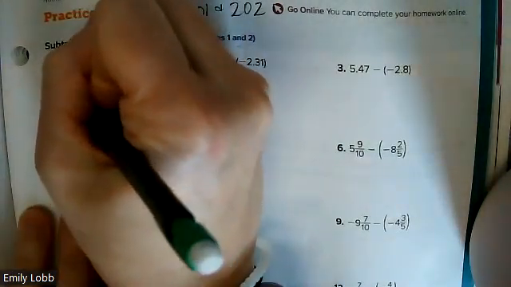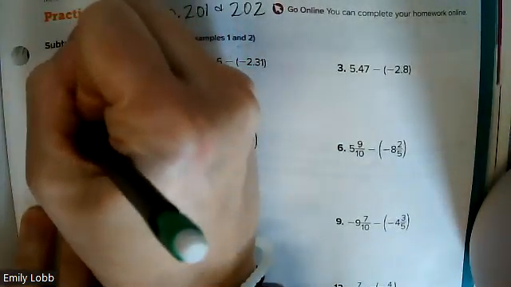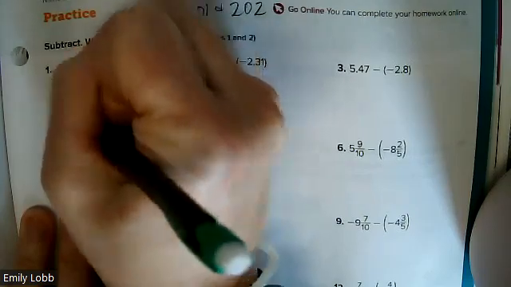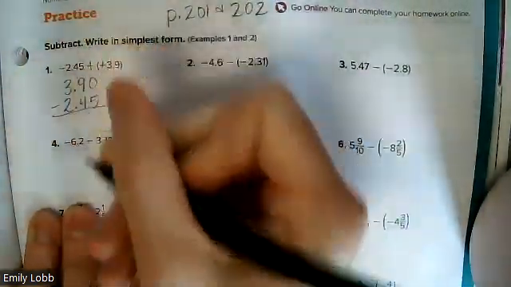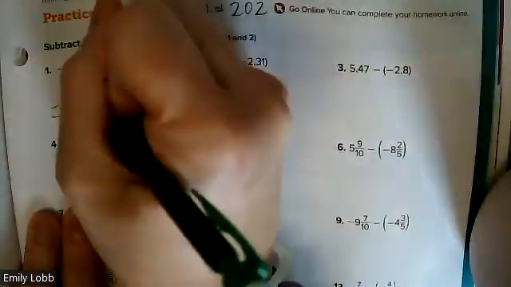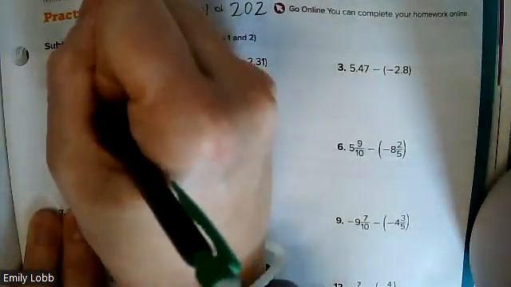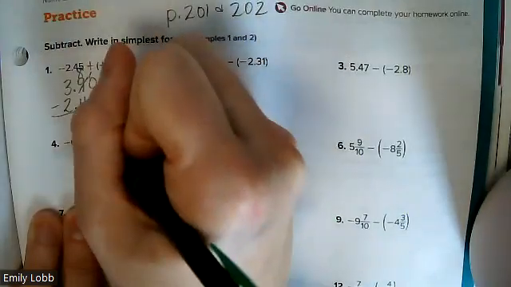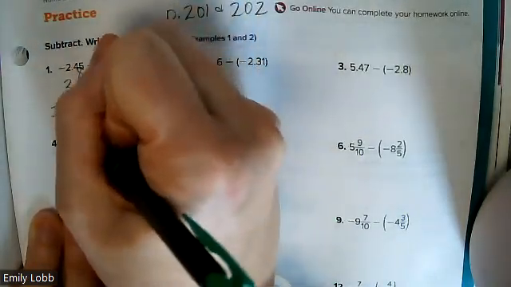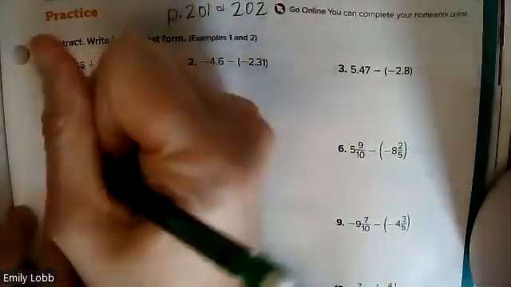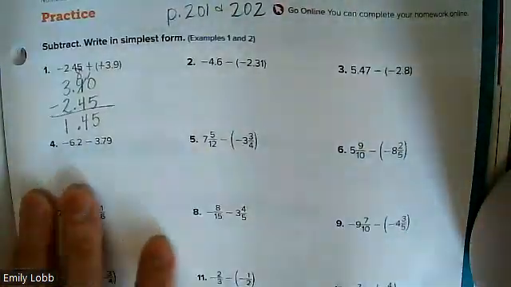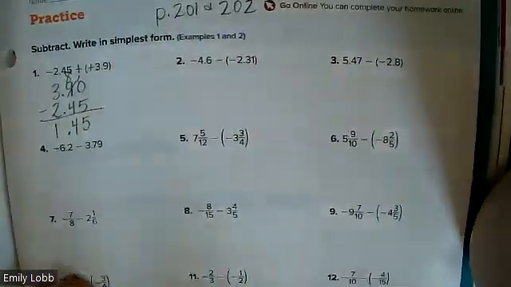So we would say big minus little. 90 hundredths minus 45 hundredths is 45 hundredths, but I will borrow and show you that. 10 minus 5 is 5, 8 minus 4 is 4, bring down your decimal, 3 minus 2 is indeed 1. So that's what your calculator should have come out with.